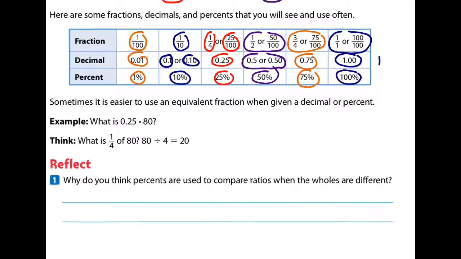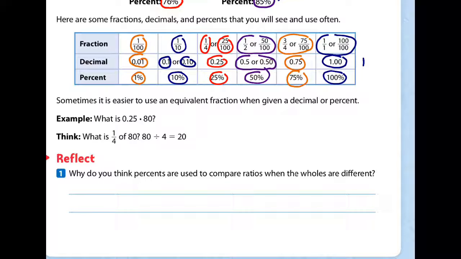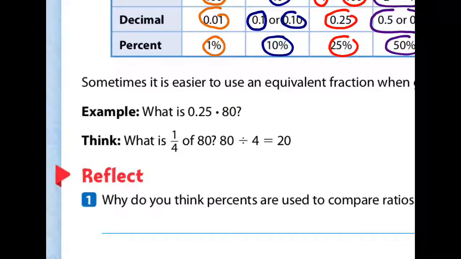So now, we'll read this last point before you reflect. Sometimes it is easier to use an equivalent fraction when given a decimal or a percent. So here's what they mean. Imagine you didn't have a calculator for a second. They're saying if you had to figure out 25 hundredths times 80, that's kind of a pain to do multiplication on paper with. Now, if you have a calculator, it's not hard. So they're saying it's easier to figure that out as a fraction.